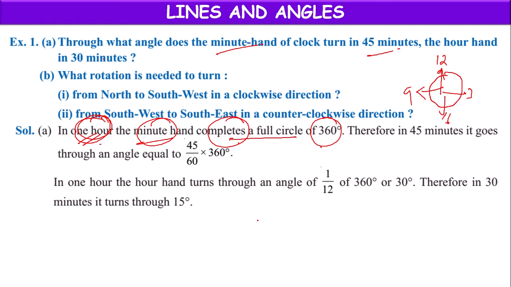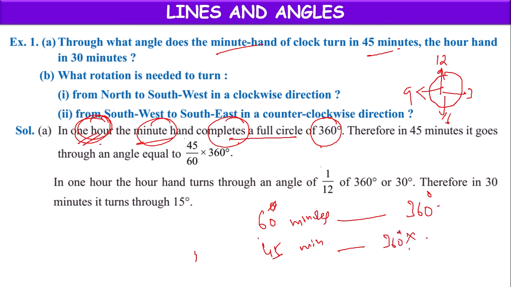So 1 hour means 60 minutes. In 60 minutes, the minute hand makes an angle of 360 degrees. But now the question is, in 45 minutes, how much angle will it make? So this 360 will be there, into 45 goes up, divided by 60 comes down. 6 times 360, 5 times 30, 4 times 12 plus 3, 150 degrees.